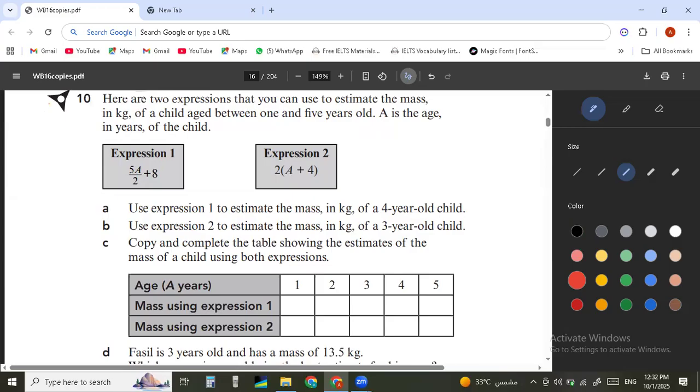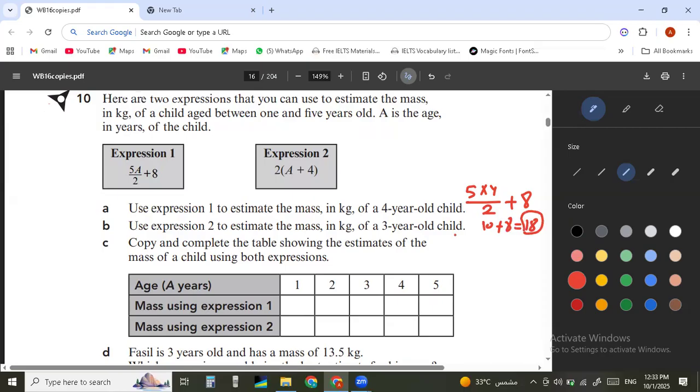Okay, so here they want you to use expression 1 to estimate the mass in kilogram of a 4-year-old child. Then this means I'm going to replace A and write 4. So it is 5 times 4 over 2, then add to it 8. 5 times 4 is 20. So 20 over 2 is 10. Plus 8 equals 18.